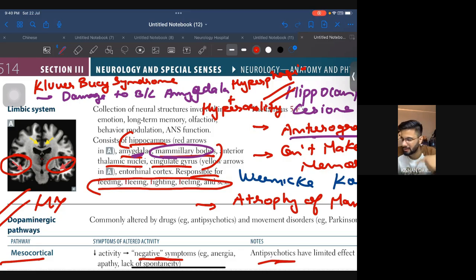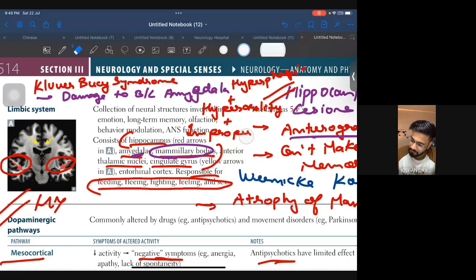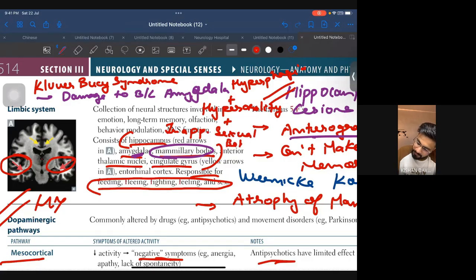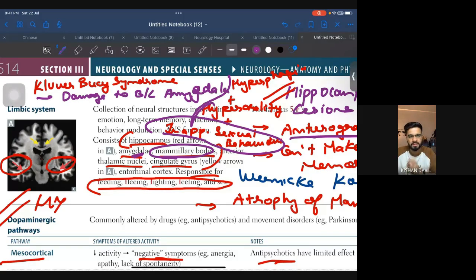They will taste everything to see what it is, even if there is mud on it. And third, inappropriate sexual behavior. If you get confused between these, this is the hint that the question is talking about Kluver-Bucy syndrome: inappropriate sexual behavior. This is very important, write it down.